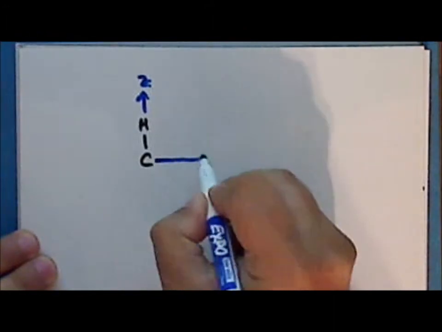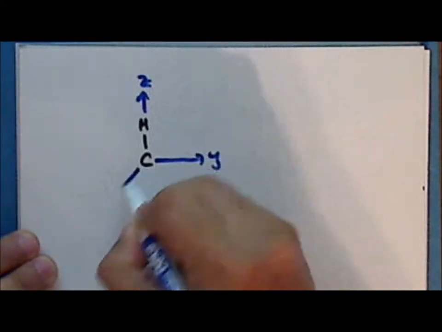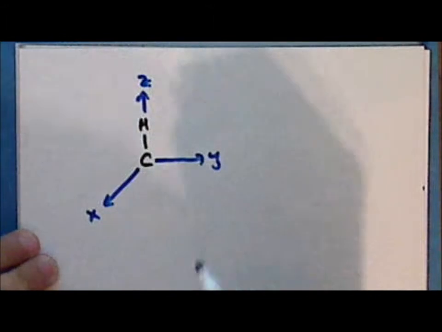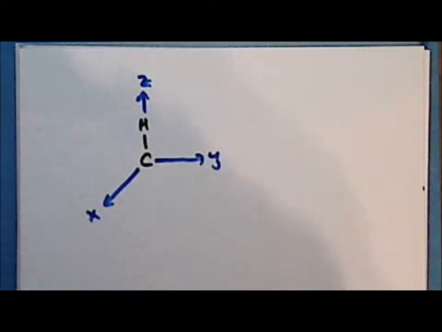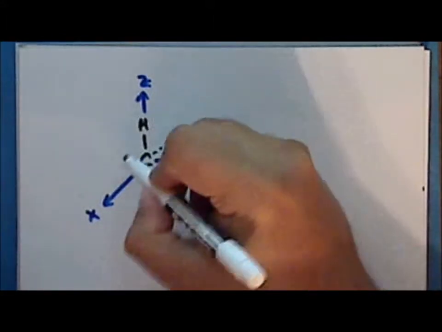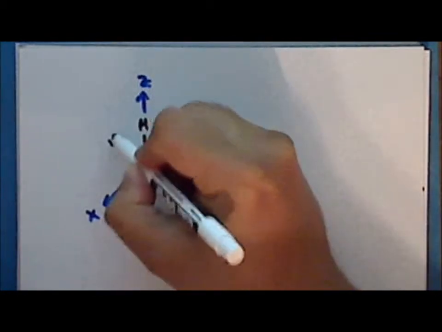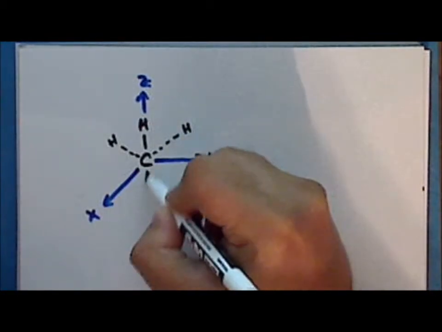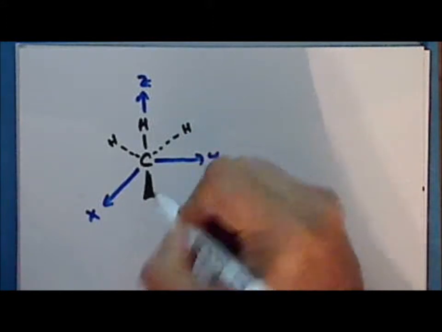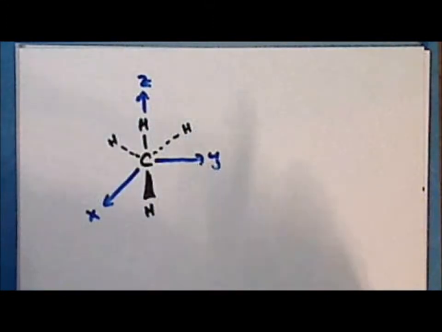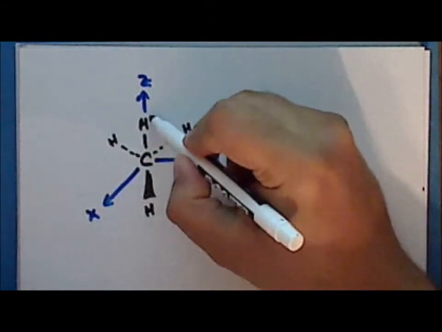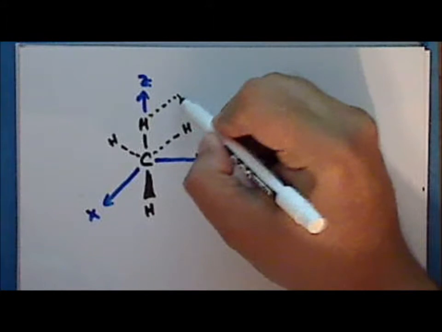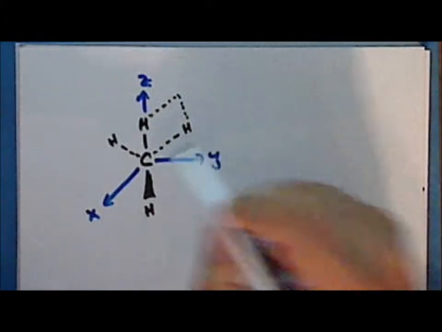So let's look at a slightly different orientation of the molecule. Now notice we have a plane that contains 2 of the hydrogens and the central carbon atom.